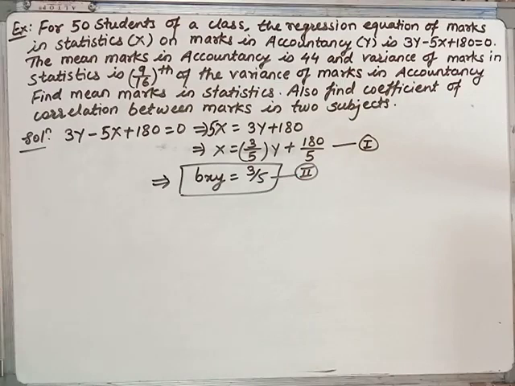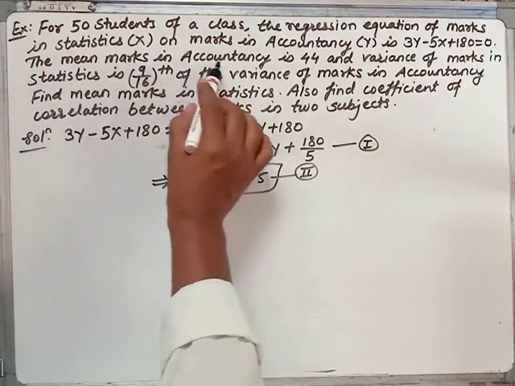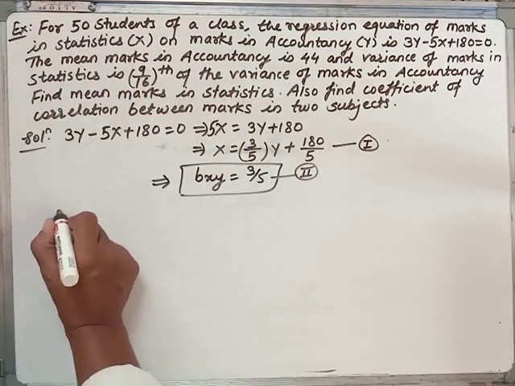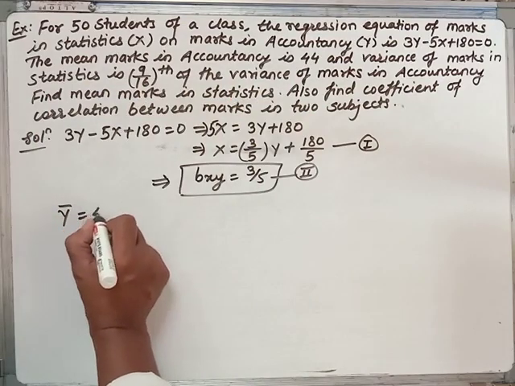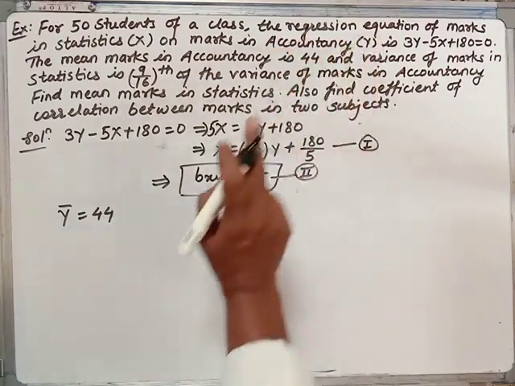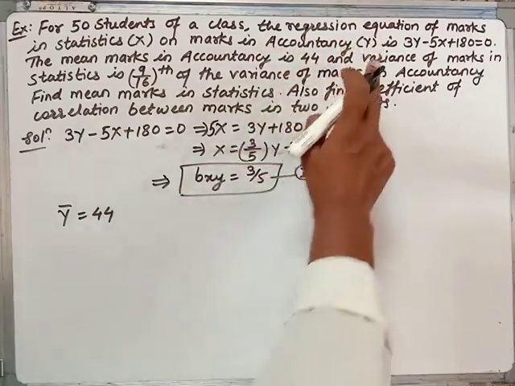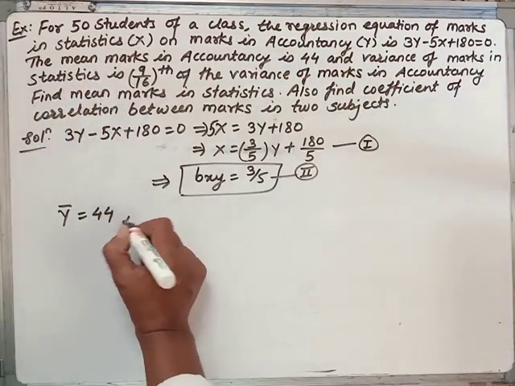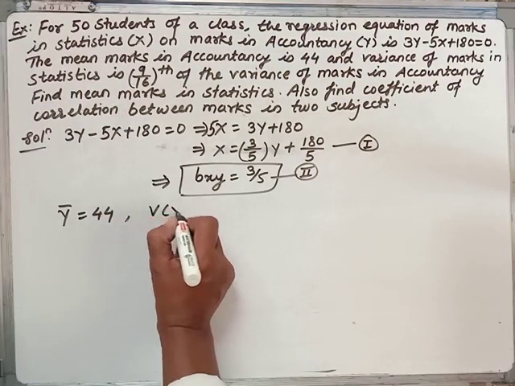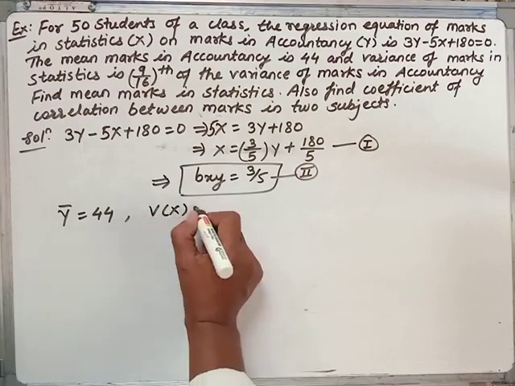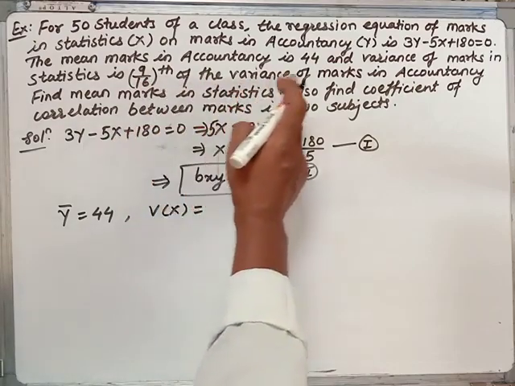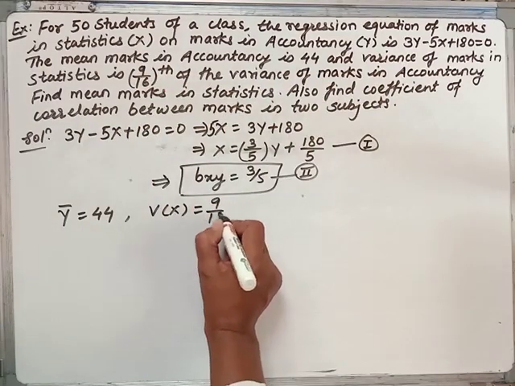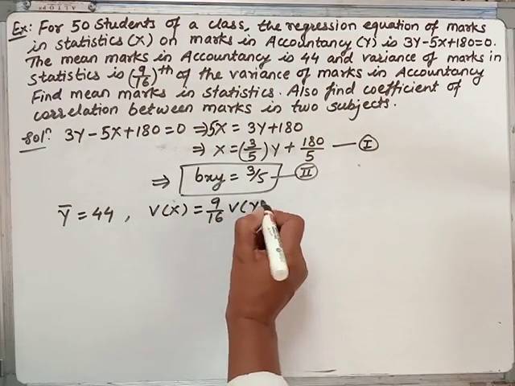Okay. Now further, the mean marks in accountancy is 44. Y bar is given to us, that is 44. Accountancy is denoted by y, so y bar will be 44. And the variance of marks in statistics, variance of x, is 9 by 16th of the variance of marks in accountancy, means 9 by 16 times variance of y.